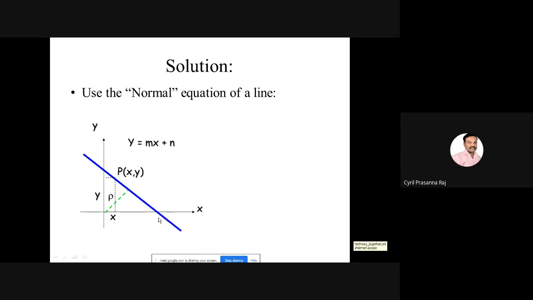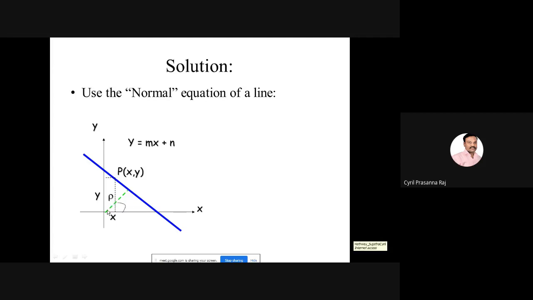So what we do is draw a green line from the center of this coordinate system to the straight line, perpendicular to it. The length of this line is denoted as rho. Suppose you have a straight line somewhere else, you draw a line perpendicular to it, and the length of that line we call rho.